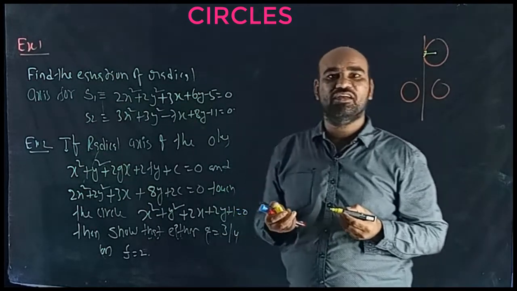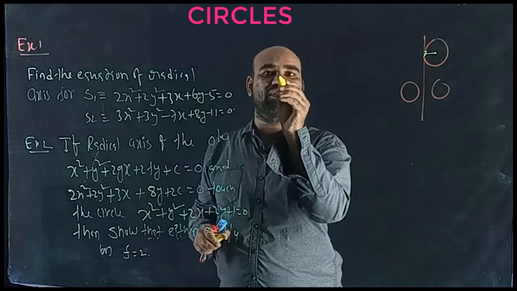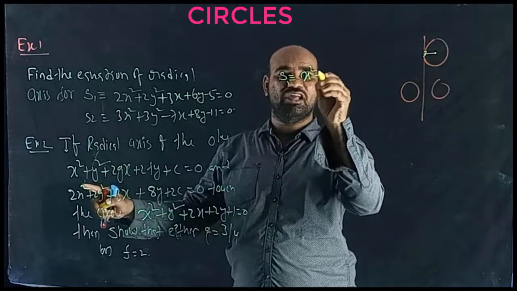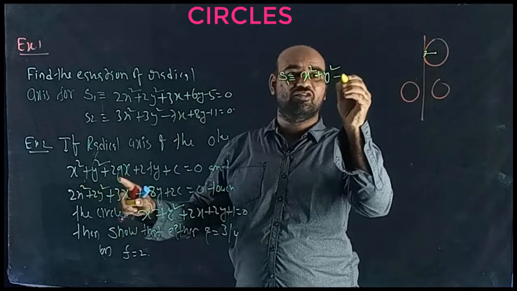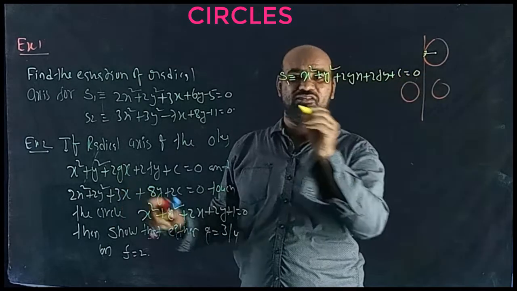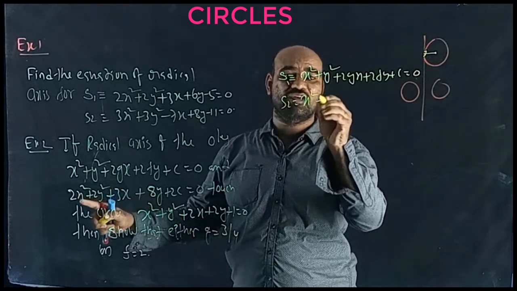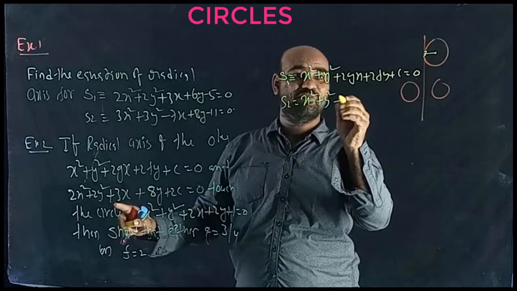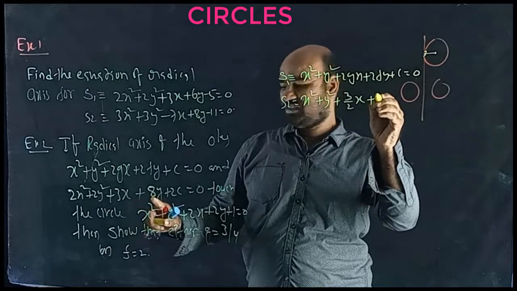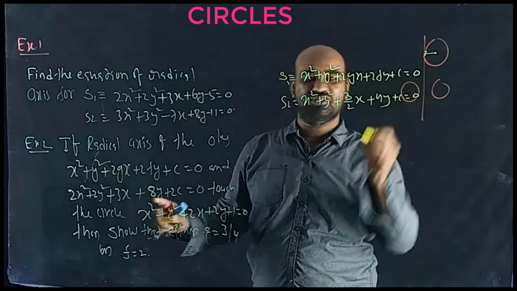First of all, you want to find the equation of radical axis for these two circles, but they are not in standard form. I want right order. S1 equal to x square plus y square plus 2gx plus 2fy plus c equal to 0. S2 circle, I want to divide by 2: x square plus y square plus 3 by 2 x plus 4y plus c equal to 0.